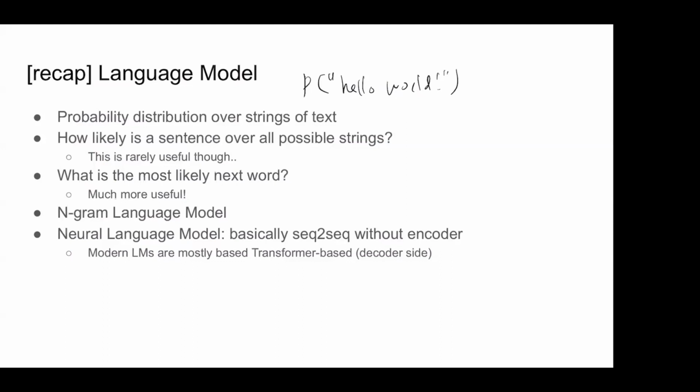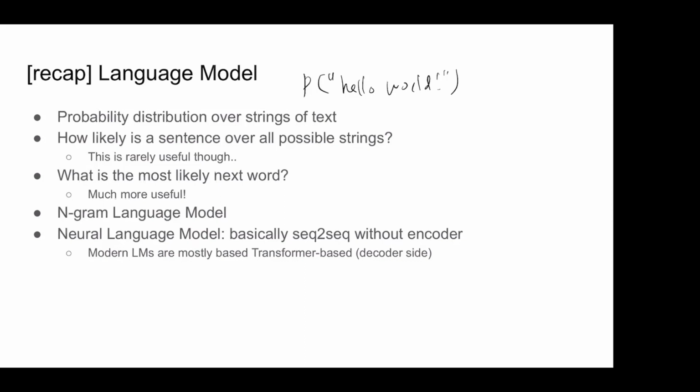It's very rarely useful. So a more useful way to use this probability distribution is predicting the next word and trying to generate the sentence using this distribution.